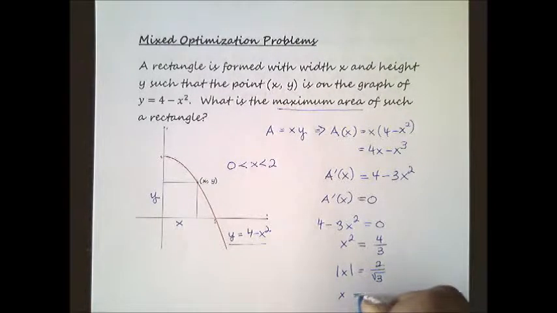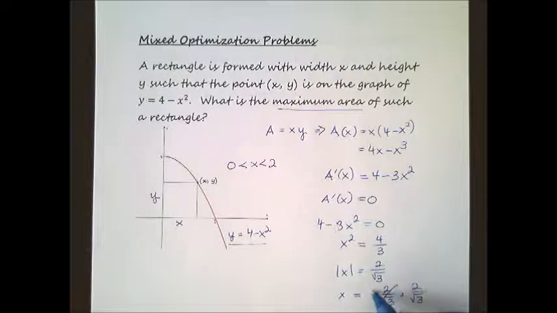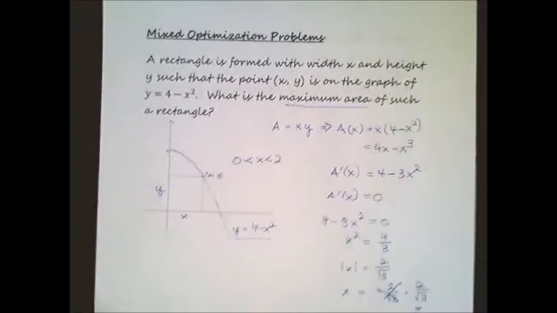So x is either negative 2 over the square root of 3 or positive 2 over the square root of 3. Now, since we want values between 0 and 2, I'm going to ignore this negative option, because it's not on the realistic domain of my function. So the only critical point I'm going to be concerned about here is 2 over the square root of 3.